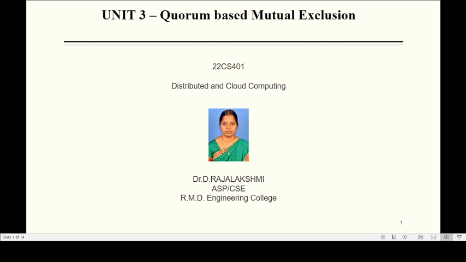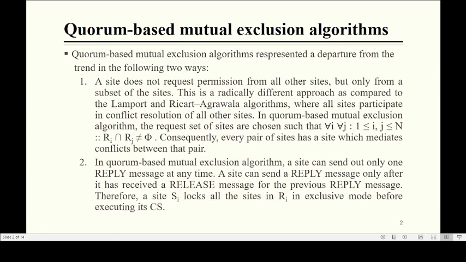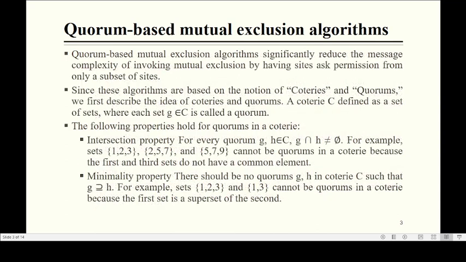These algorithms are based on the notion of coteries and quorums. A coterie C is defined as a set of sets where each set is called a quorum. The following two properties hold for quorums in a coterie. The first property is the intersection property.